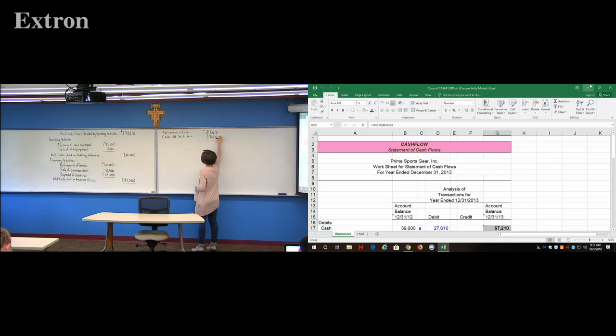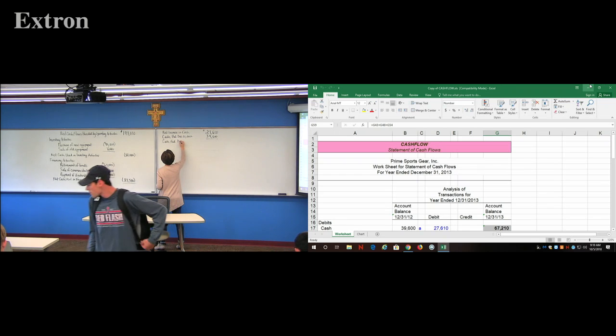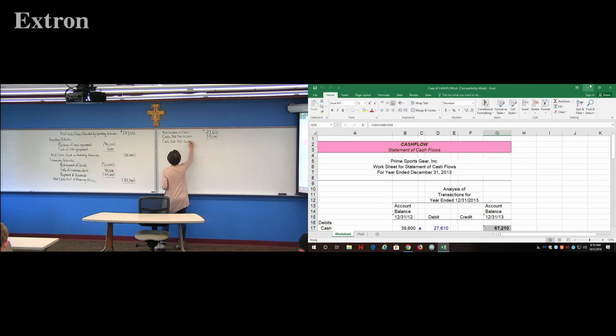And when we take the increase and we add it to the balance, that should give us the cash balance that we had in our cash account on December 31st, 2013. And when we add that up, we get 67,210. And that, my friends, is your statement of cash flows.